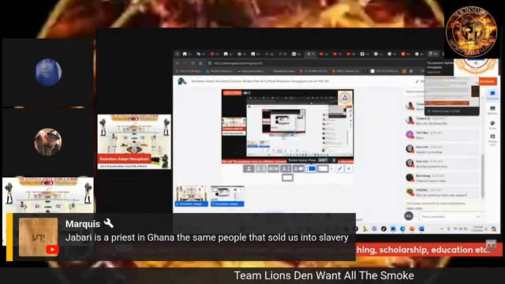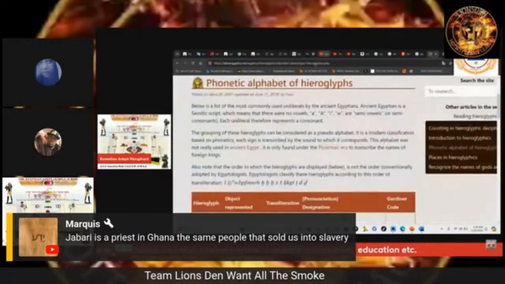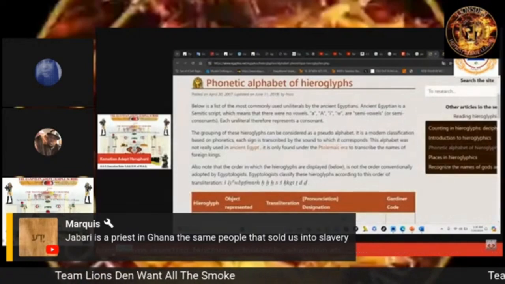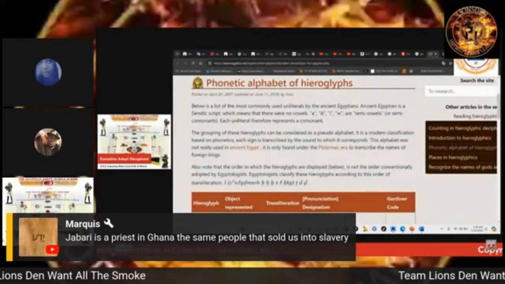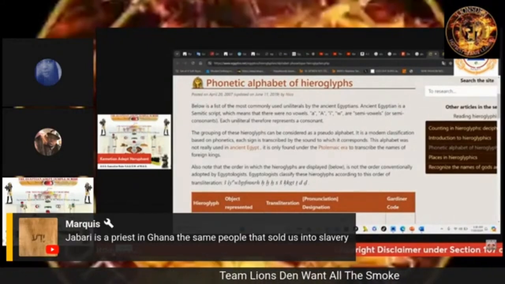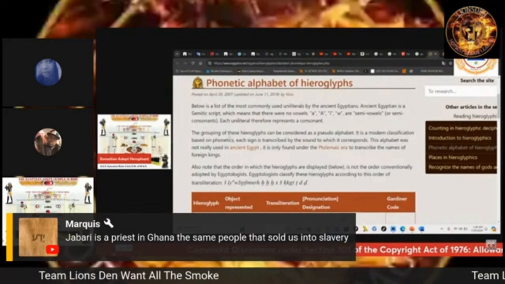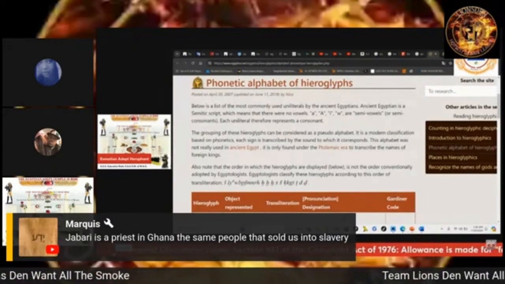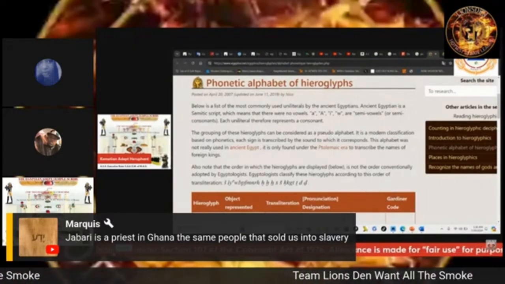It says Semitic script, which means there were no vowels. A, I, and W are semivowels, and it says a semi-consonant. Each uniliteral therefore represents a consonant. Listen to what it says. The grouping of these hieroglyphs can be considered a pseudo-alphabet.